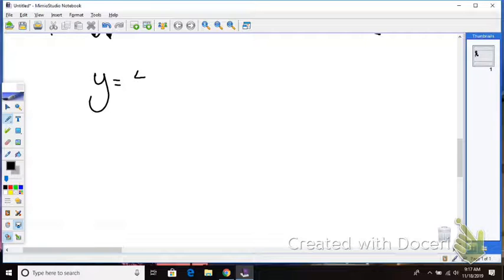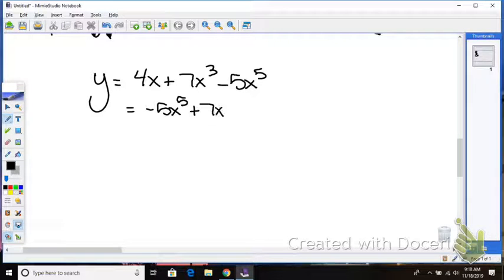Okay, so let's say I have 4x plus 7x to the third minus 5x to the fifth. What do I need to do first to this problem? Arrange it. Okay, so I'm going to rearrange it to be negative 5x to the fifth, plus 7x to the third, plus 4x. So what's my degree for this one? 5, which is odd.